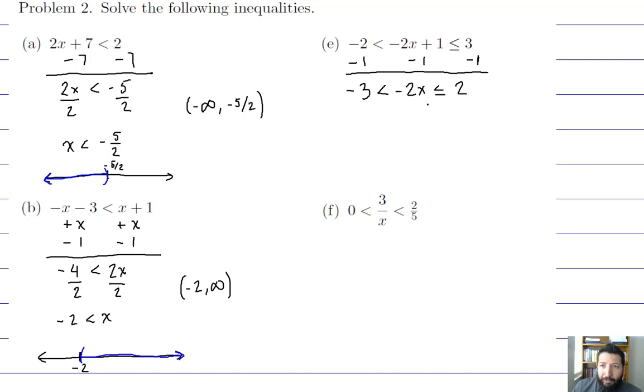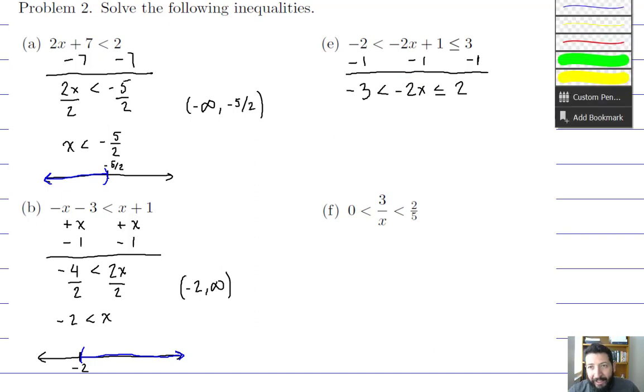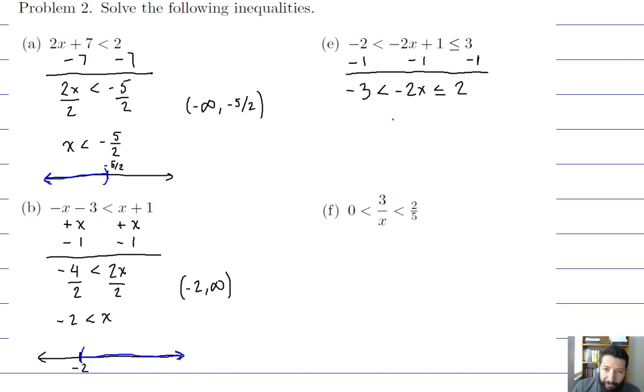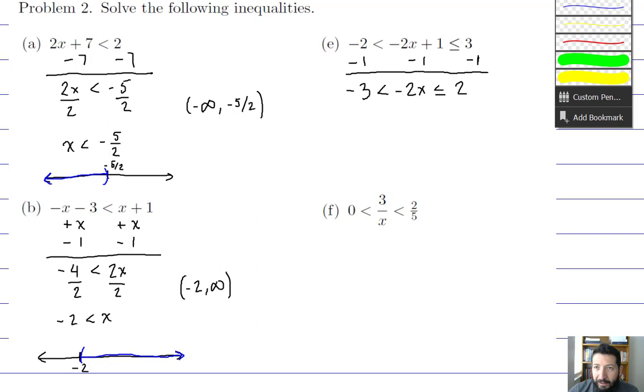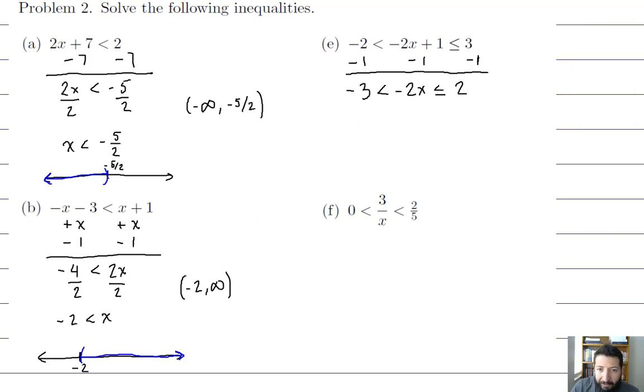Now, this is what I wanted to note, or why I wanted to make a point here and do it slowly, because you see I have a negative in front of my x. When I do that, I gotta be really careful. I have to reverse my inequality. So when I divide here by negative 2, I want to have negative 3 over negative 2.